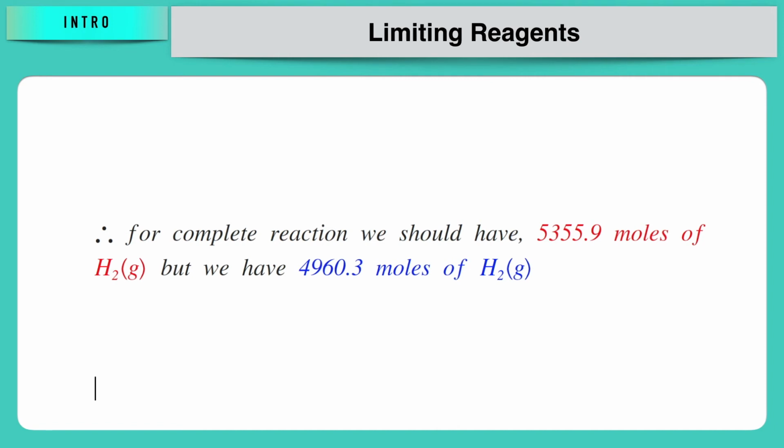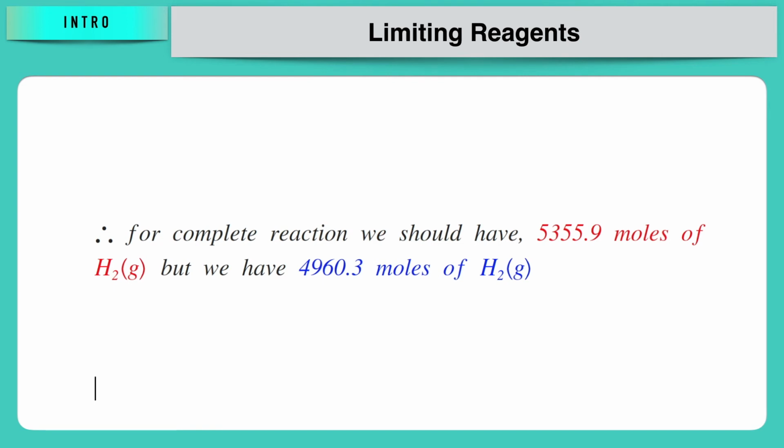That means the number of moles calculated as per the reaction is less than in the other case which you worked out. That means here H2 is a reactant which is completely consumed within the reaction. Yes or no? Since the number of moles here is less, it is completely consumed. That means H2 is the limiting reagent for the reaction.